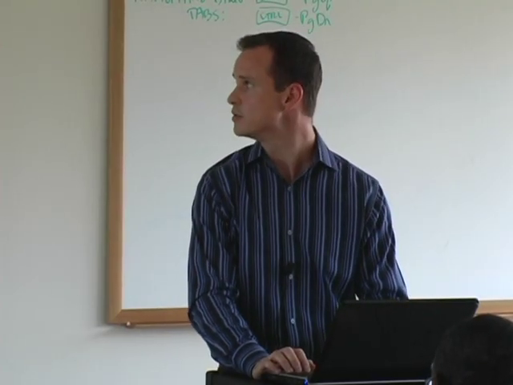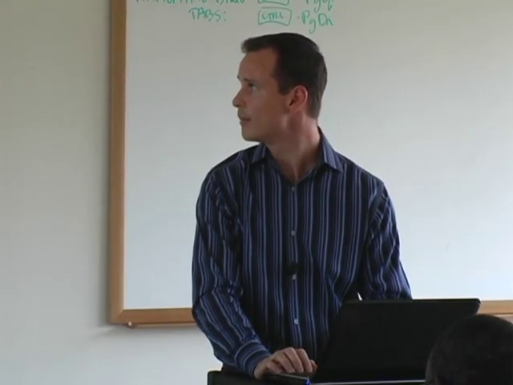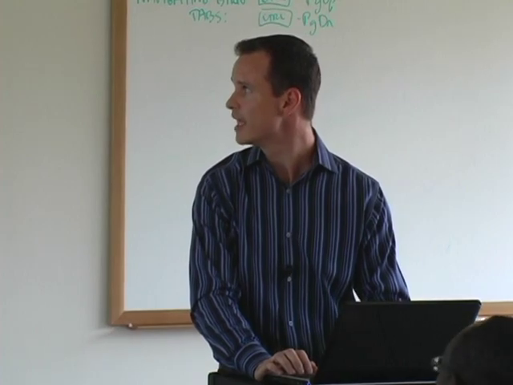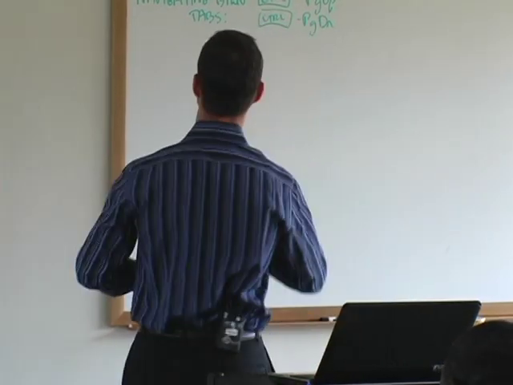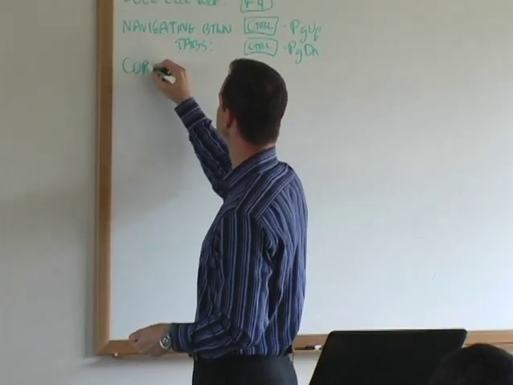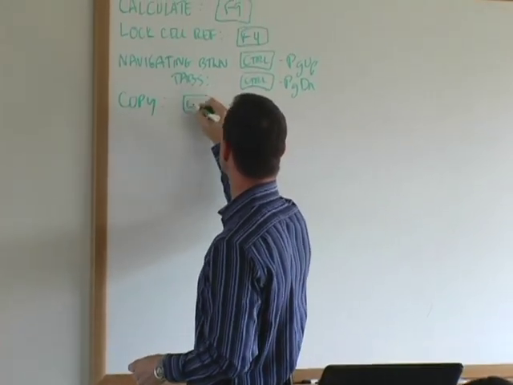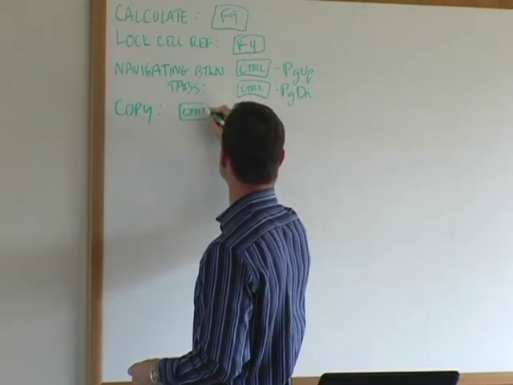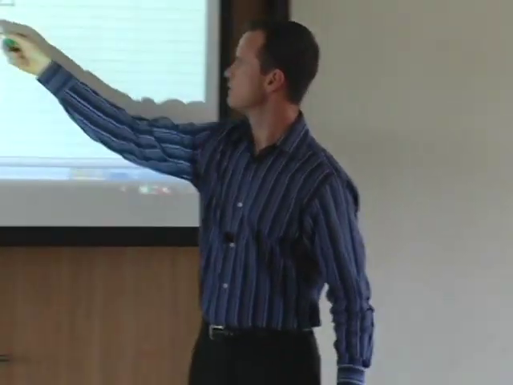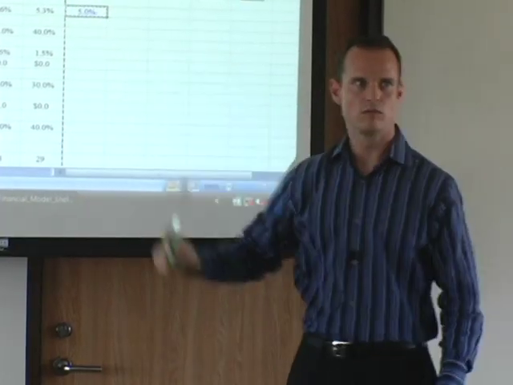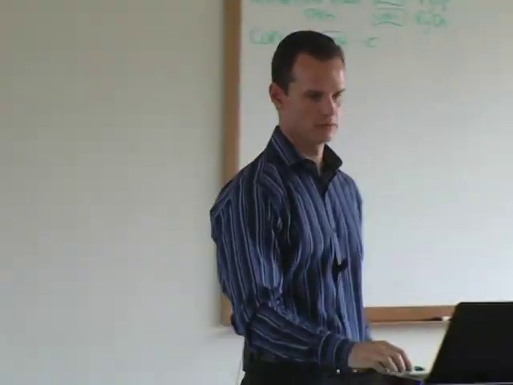First way is to select the cell you want to copy, in this case H8, and hit Control C. And when you hit Control C, you should see the outlines of the cell start to flash a little bit.